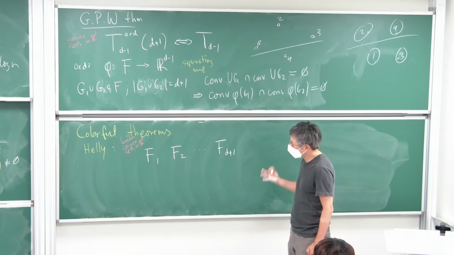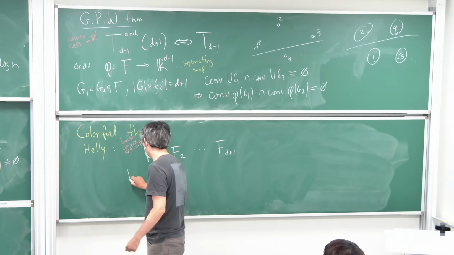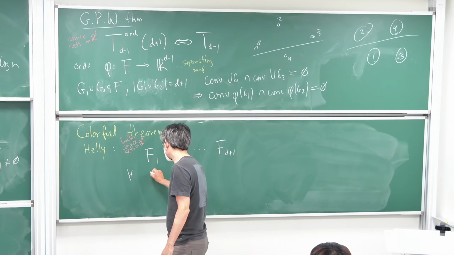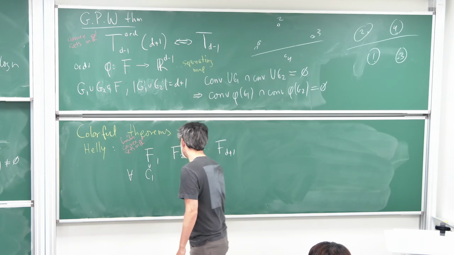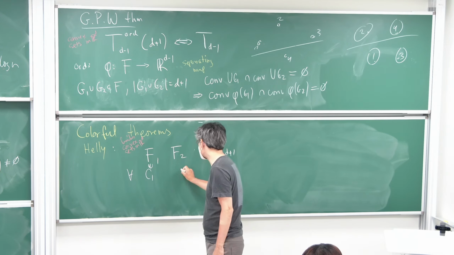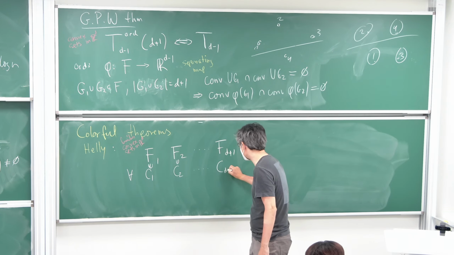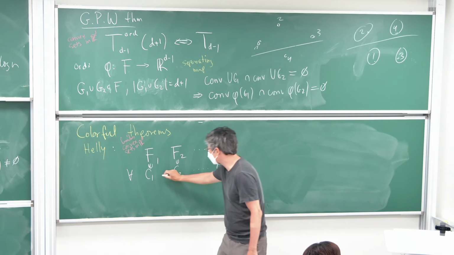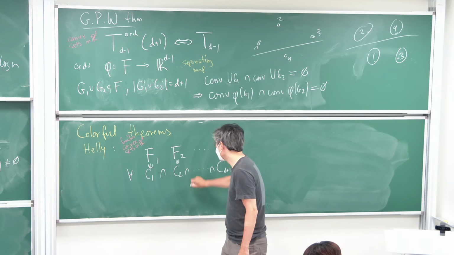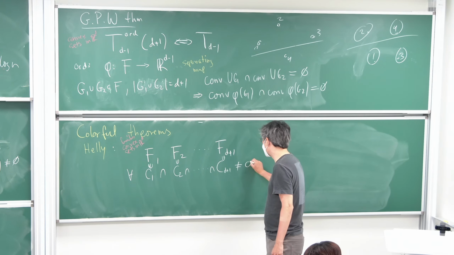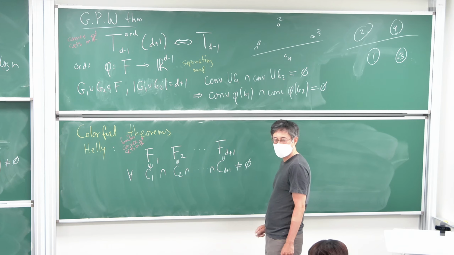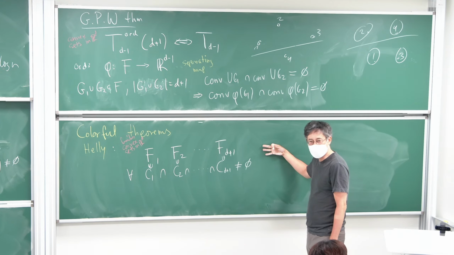Okay? And the condition now is whenever I choose a set C1 inside here, and a set C2 inside here, and so on, a set C_{d+1} inside here, and I take their intersection, then this should be non-empty. Okay? This is called the colorful hypothesis.